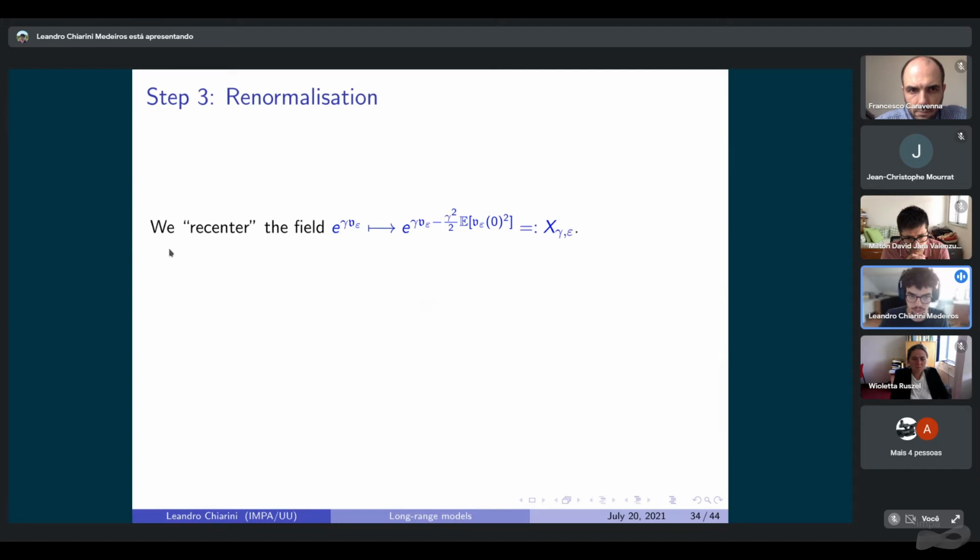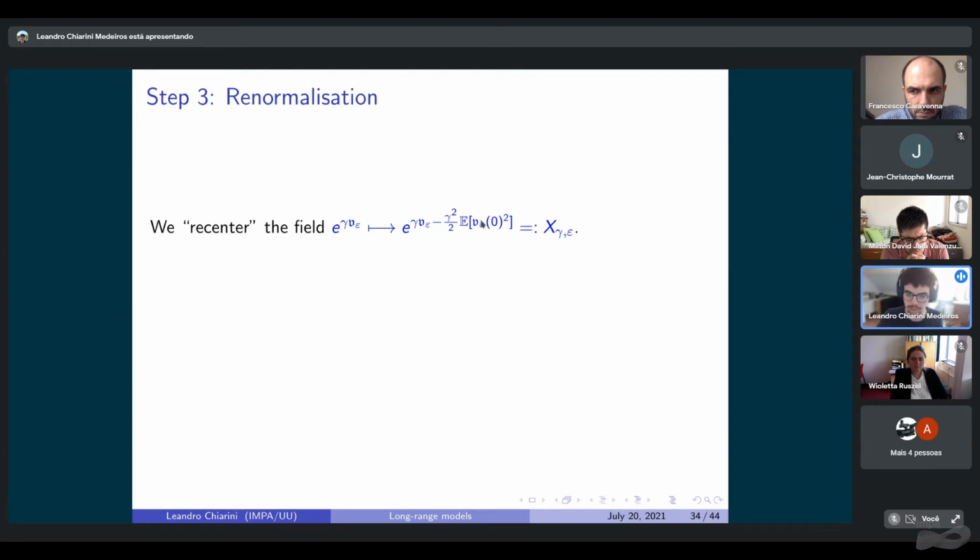And so we're recentering this field. And for those who have done a course in martingale theory, when you're thinking of the exponential martingale, if you think of the exponential of the Brownian motion, this is not a martingale anymore. So you need to take the variance divided by 2 in the exponent to make this thing a martingale. And it's kind of the same idea here again.